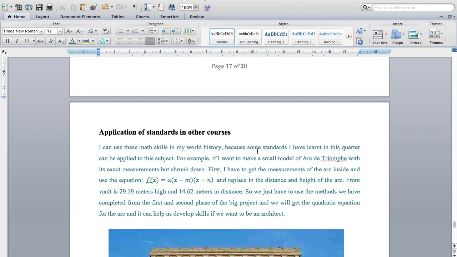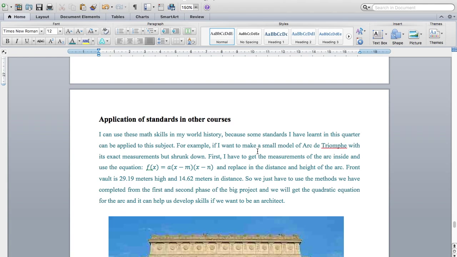And here is the special one, application of standards in other courses. So the math skills we have learned throughout this big project and throughout the quarter, I can use in my world history class.